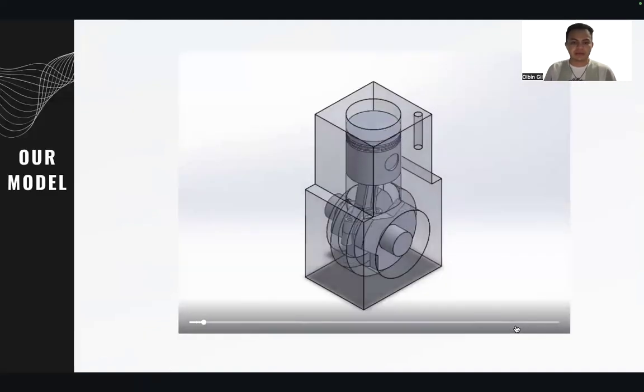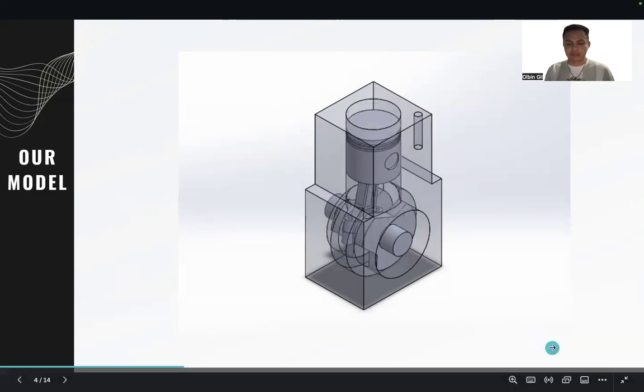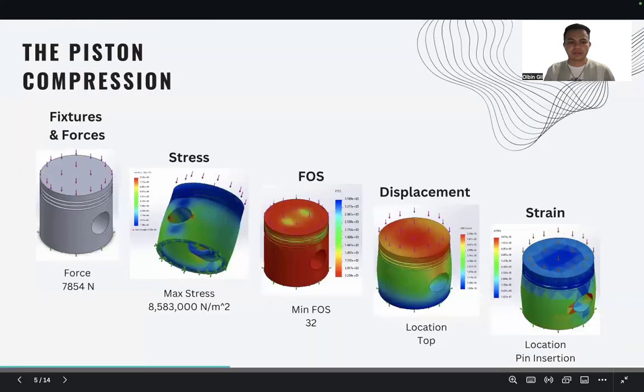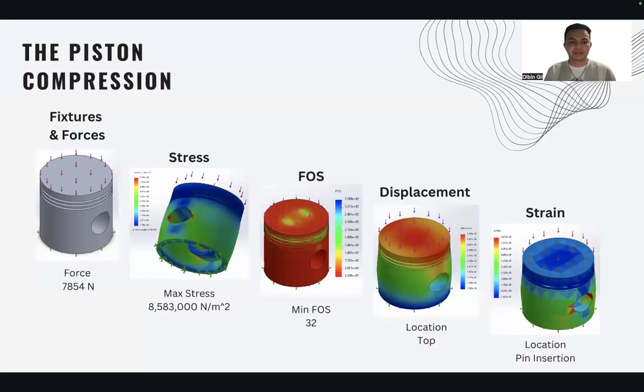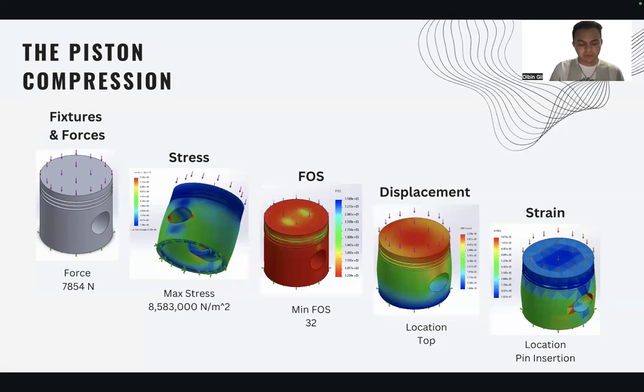Now, if we start with the design itself, we see that we're using a simple one piston design to easily look into the studies and analyze them. The first study that we did is on the piston head, where with the pressure that we're using, we see that the piston experiences a force of about 8,000 Newton and a max stress of about 8 million pascals.